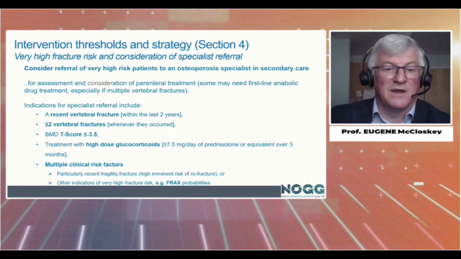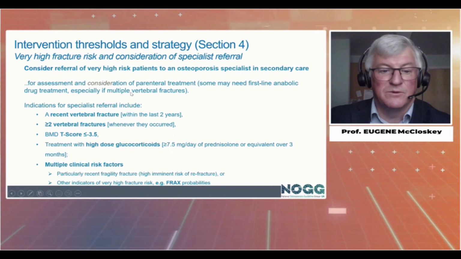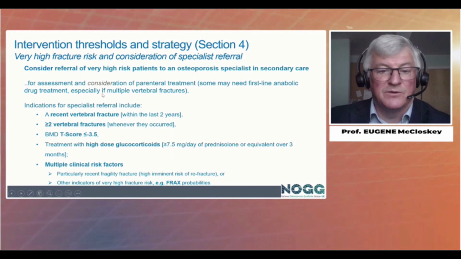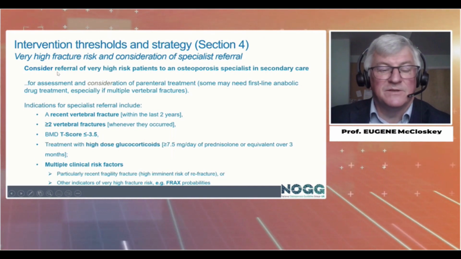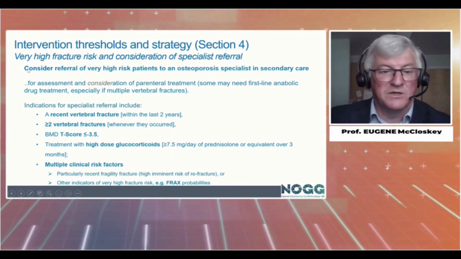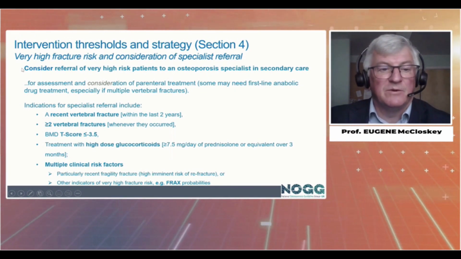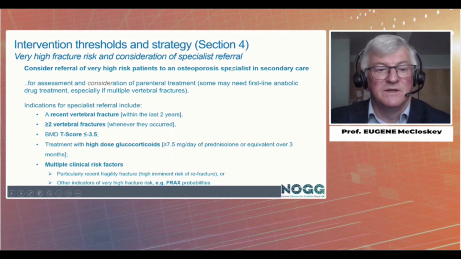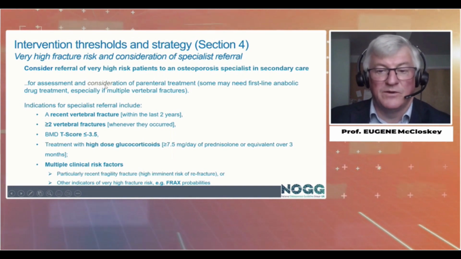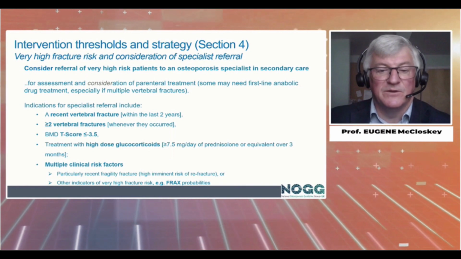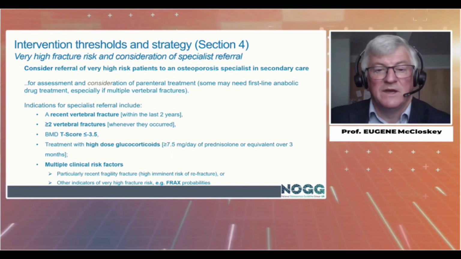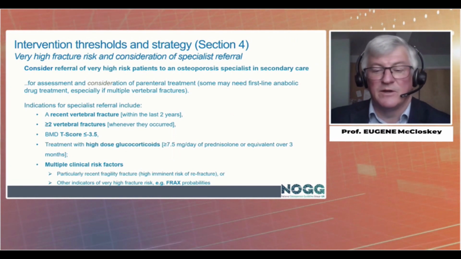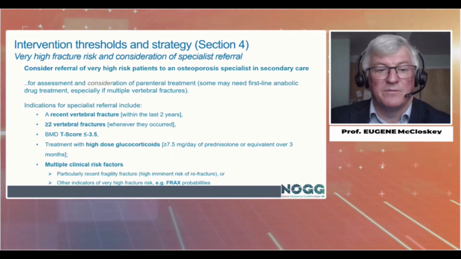So this is just an output from the recent National Osteoporosis Guideline Group update that was published early in 2022. And you can see that it's not an automatic, you must give this patient anabolic or bone-forming treatments, but the suggestion is that the very high-risk patient should be referred to an osteoporosis specialist for consideration of parenteral treatments, and of course that includes subcutaneous denosumab, intravenous bisphosphonates, and or bone-forming agents such as teriparatide, abaloparatide, and romosozumab.